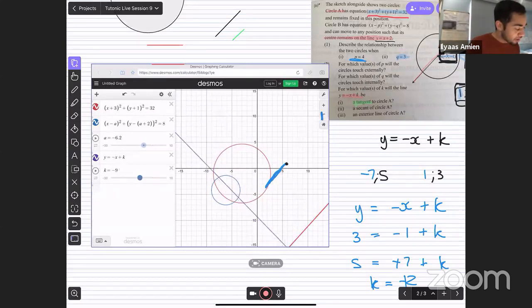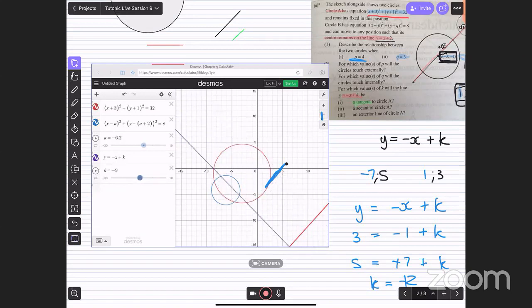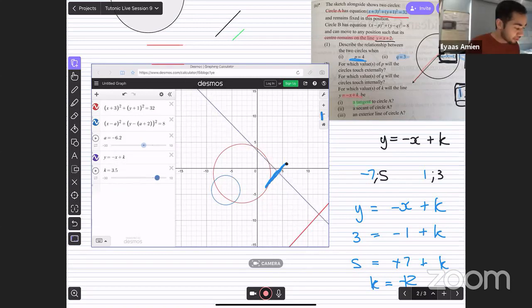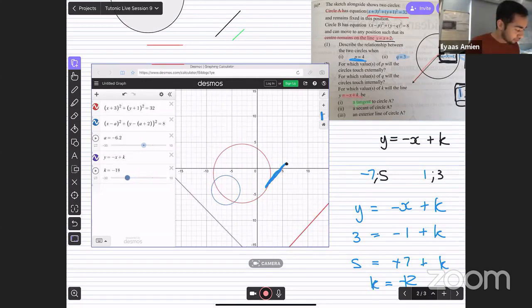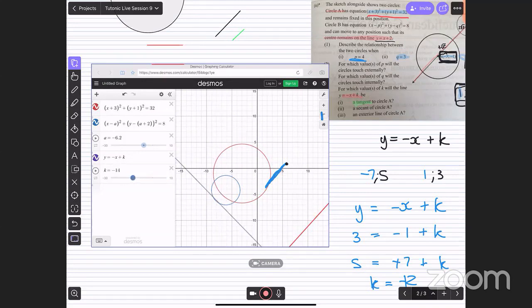So surely when k is between 4 and -12, it's a secant. And when k is greater than 4, it's an exterior line. And when it's smaller than -12, a tangent. Oh no, an exterior line.